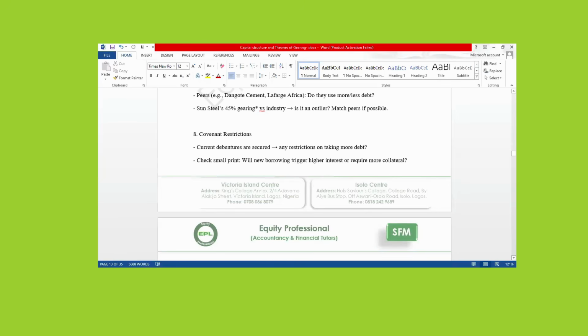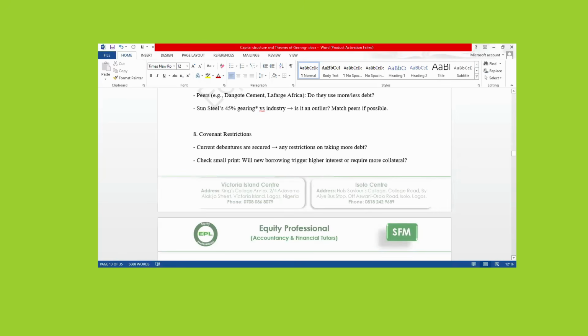So we are going to review it. Because if there's a restriction, that means some still cannot borrow more money. We also check for small print. What is small print?